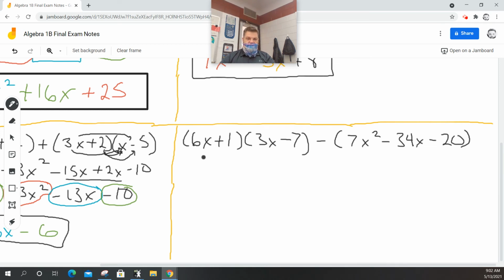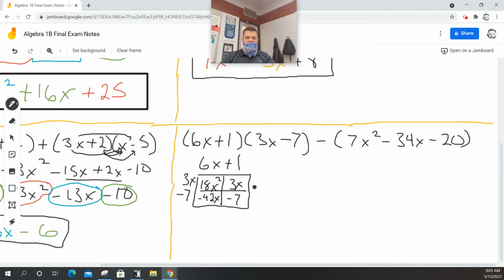So I'm going to write this kind of tiny so I have the space. 6x plus 1. I didn't like the FOIL method. It didn't work out for me. 3x minus 7. So this becomes 18x squared plus 3x minus 42x minus 7.